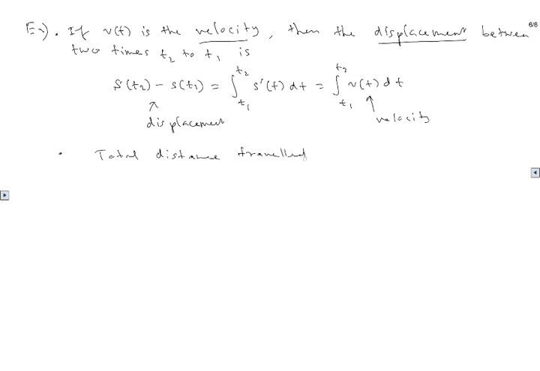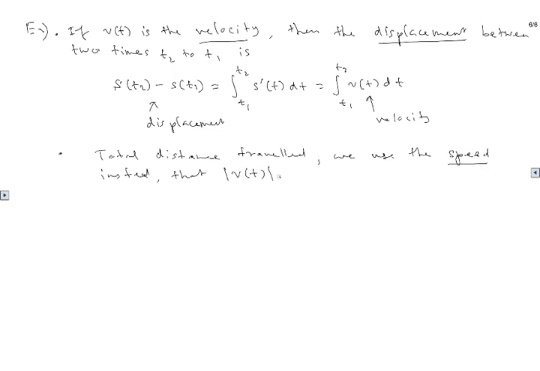So how do we get the total distance traveled? For that we use the speed instead. What does speed mean? That is the absolute value of the velocity.